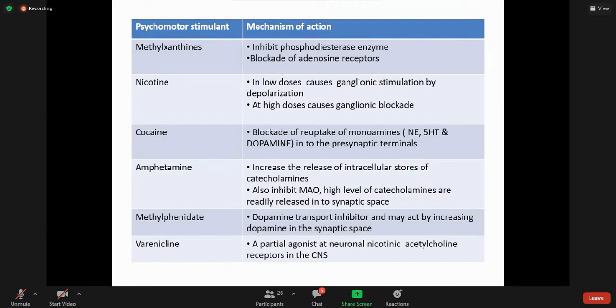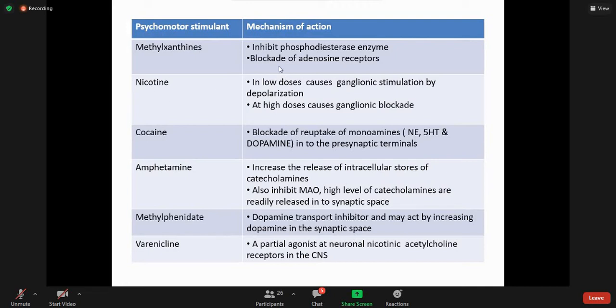And this blockade of adenosine receptor activity is especially linked with asthma, because adenosine is a powerful bronchoconstricting agent. If we block this adenosine receptor, we can avoid the bronchoconstricting activity.